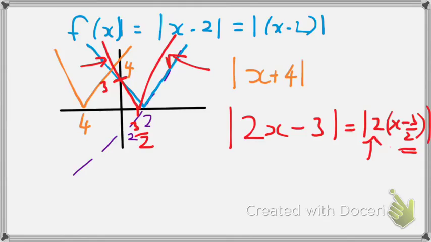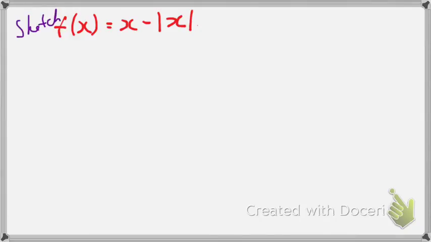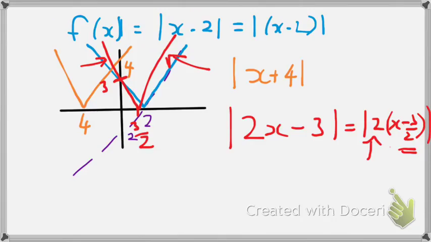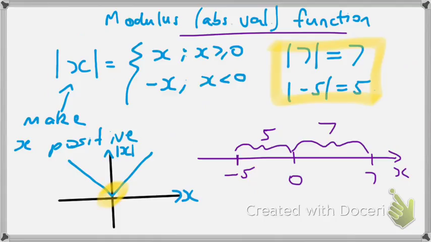If I wanted to do something slightly more complicated, something like this, f(x) = x + |x|, if I wanted to sketch that, then I might think about what happens when x is negative. Well, when x is negative, we know from the definition that the absolute value of x is minus x.